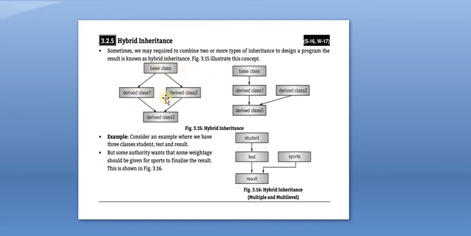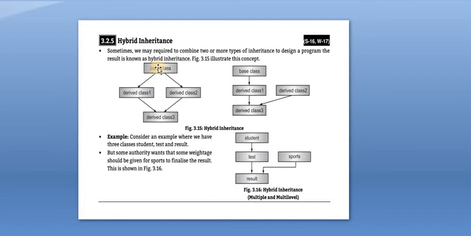Again see these derived class 1 and derived class 2 working as the base classes for the derived class 3. So it is known as a multiple inheritance. Single base class and multiple derived classes, it is hierarchical, and more than one base class with a single derived class, it is a multiple inheritance.